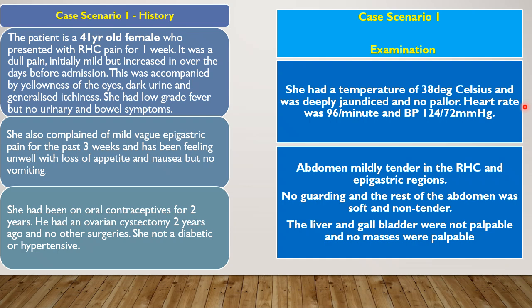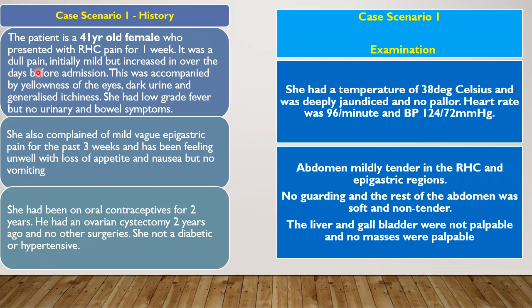Okay, let's start with our first case scenario. The history of the patient. Here the patient is a 41-year-old female who presented with right hypochondrial pain for 1 week.